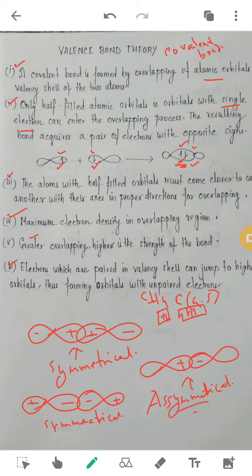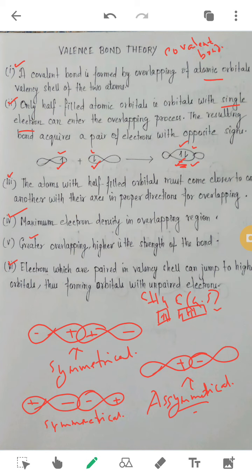But when we talk about CH4 bond formation, then we need to have 4 such unpaired electron orbitals. You have only 2 orbitals over here in the ground state which are with unpaired electrons. But as this theory tells us, there will be a bond formation only when you have orbitals with unpaired electrons, that is 1 electron.